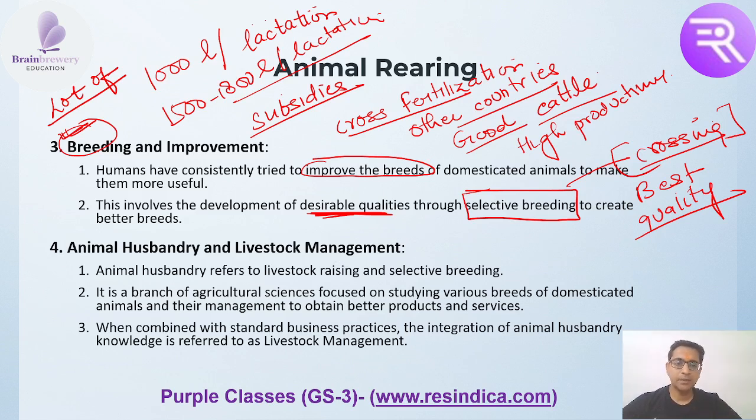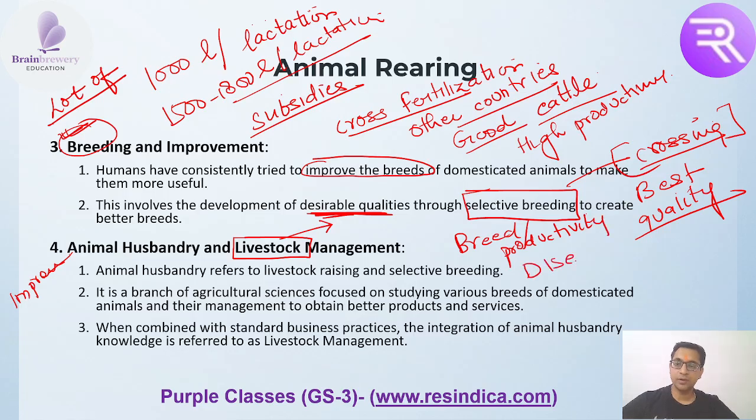So under animal husbandry and livestock management, we are focusing on improvement, and at the same time how we will be managing our livestock, like the number of livestock available in our country, how we can improve their breed, how we can increase their productivity, and disease control.